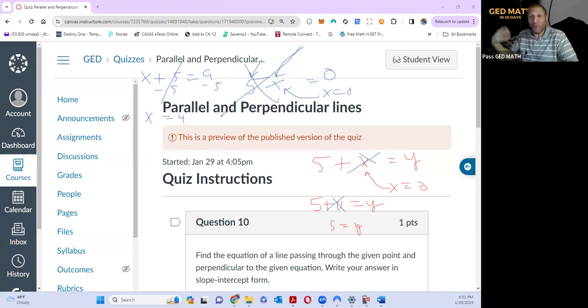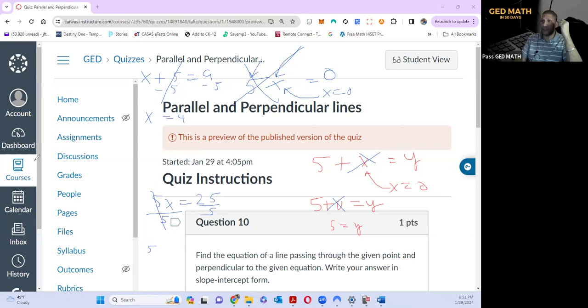The reason we do it is because we're doing an inverse operation. 5x equals 25. I'm dividing by 5. Well, 5 divided by 5 is 1. I don't say 5 divided by 5 is 1, I say they cancel each other out. But 5 divided by 5 is really 1.